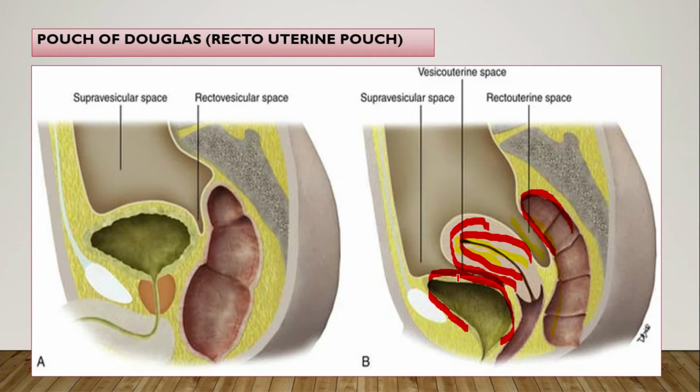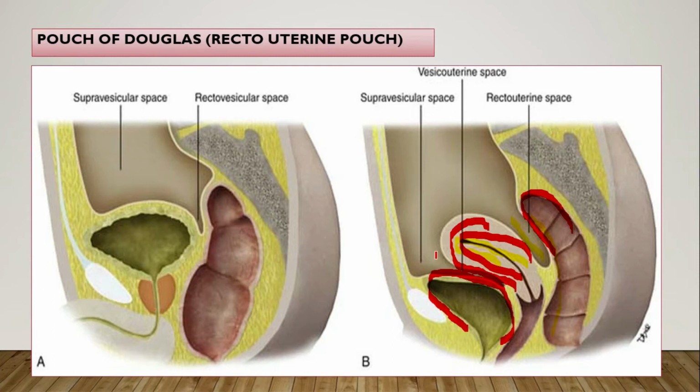What is the vesicouterine space? The space present between the vesicle, meaning bladder, and the uterus.